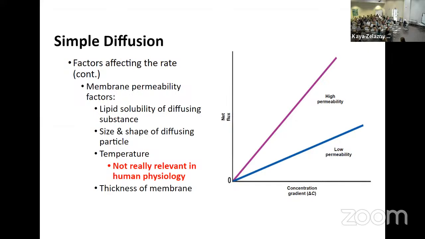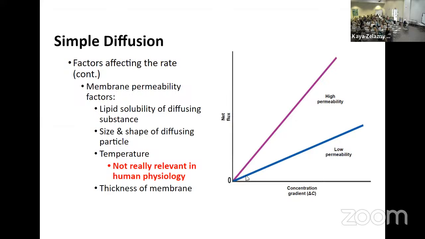That's slower. Okay, so here we have a slightly altered image from the one we saw previously. This is still simple diffusion. We're still looking at net flux on the y-axis, so how much is moving. Here we still have our concentration gradient as our main driver, that difference between the inside and outside of the cell is still mostly what's powering this.